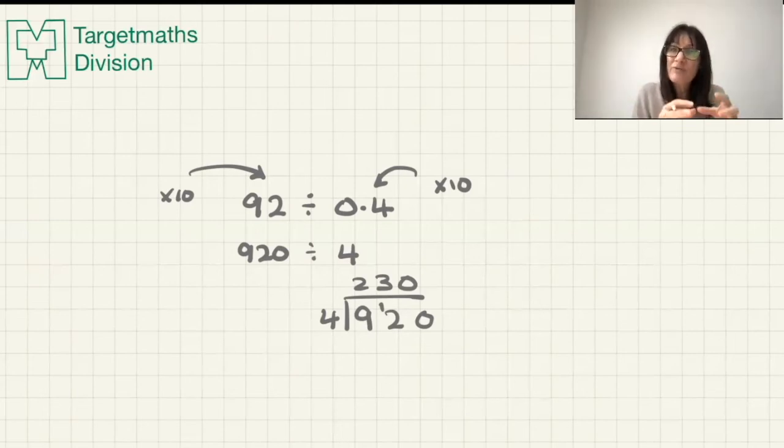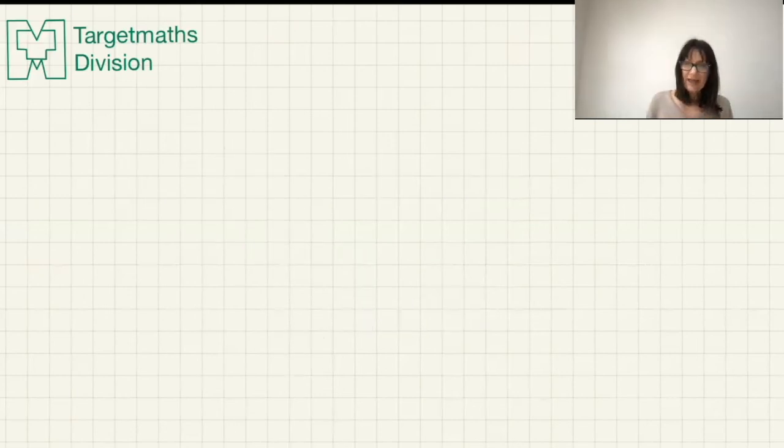So even though we've rewritten the question, we've kind of got the same thing. So our answer holds true and we don't need to mess around with it at the end. So really don't ever do that. That's not necessary. Okay, we're going to do just one more, and then we're going to look at one last thing when it comes to division.